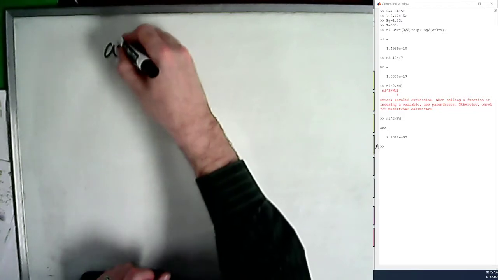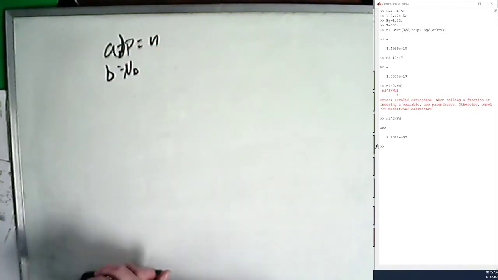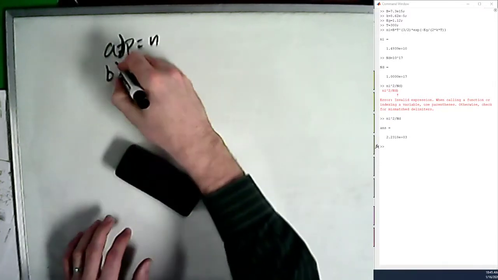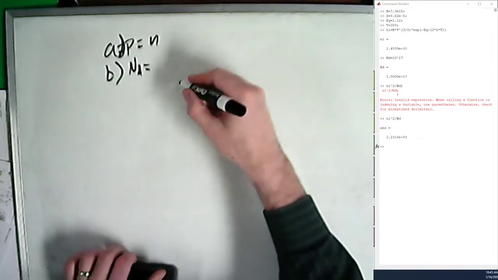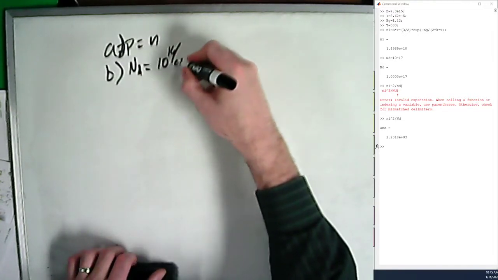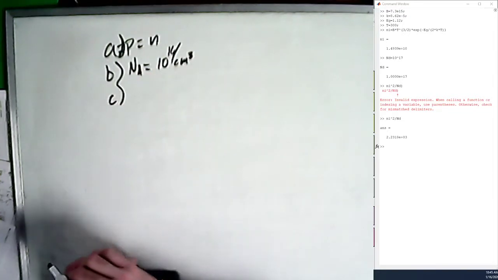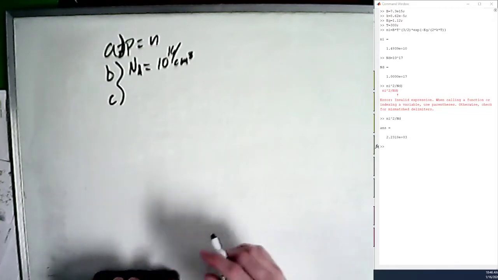Part B is P-type silicon, my bad, with N_A equal to 10 to the 16th per centimeter cubed. Maybe it's only A and B. Okay, so we want to do this.